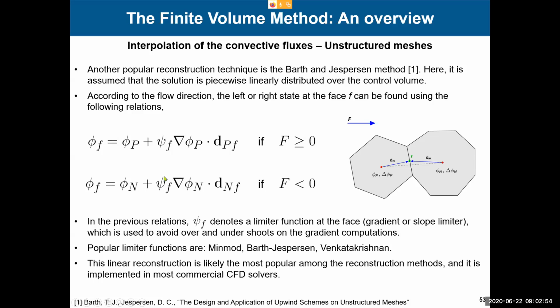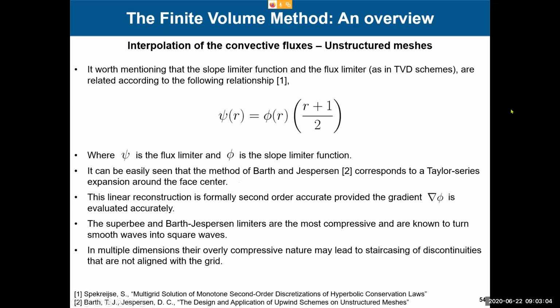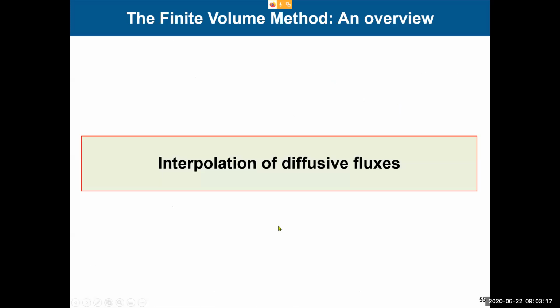We have seen that you can add many limiter functions. So the popular ones are just Minmod, Barth-Jespersen, and the Venkatakrishnan. Just to mention that the limiter function, the slope limiter, gradient limiter, can be related to the flux limiter. There is a slight difference I mentioned in this way. I'm not going into details. So here you have some references.